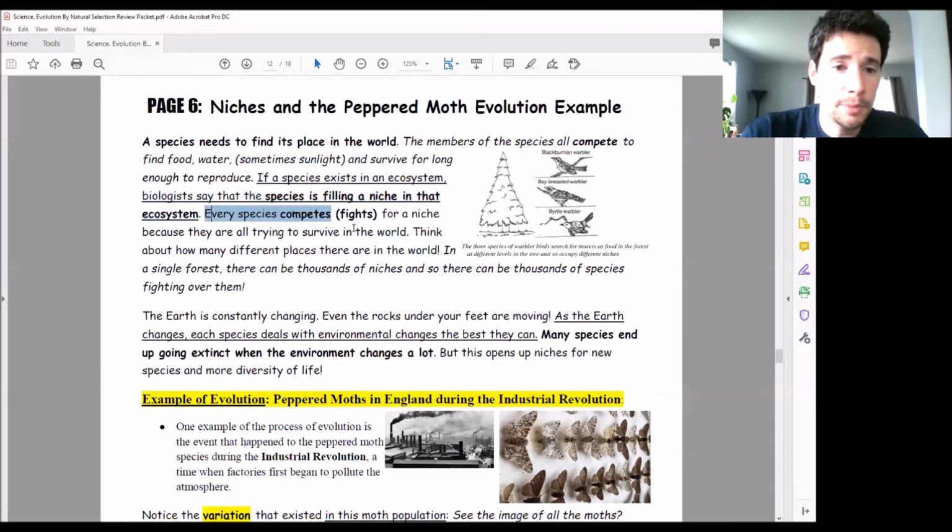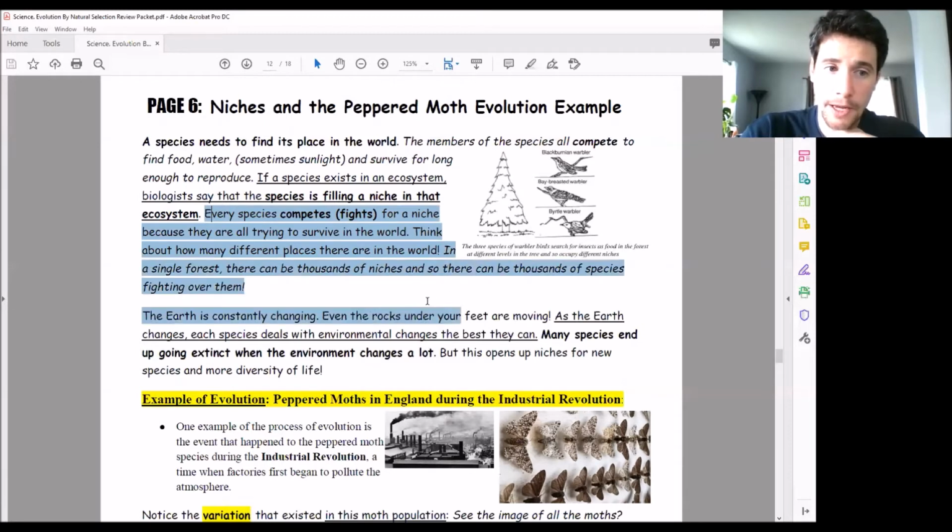So every species competes. They fight for a niche because they're all trying to survive in the world. Think about how many different places there are in the world, right? We talked about that in page 2, all these different ecosystems. In a single forest, there can be thousands of niches, and so there's thousands of species.